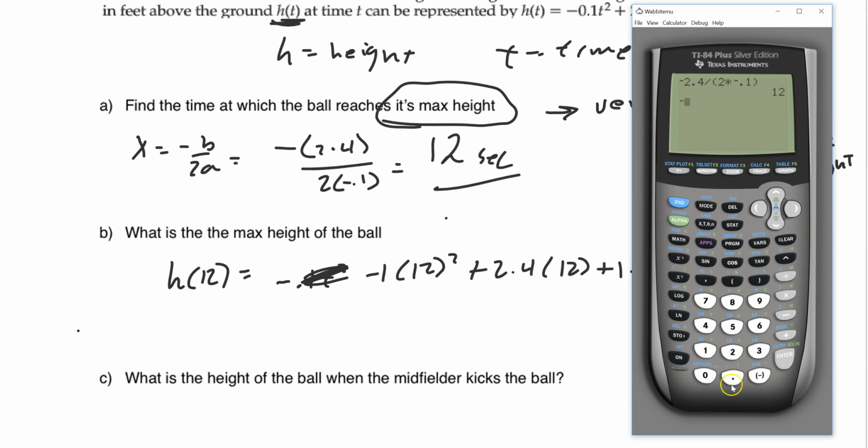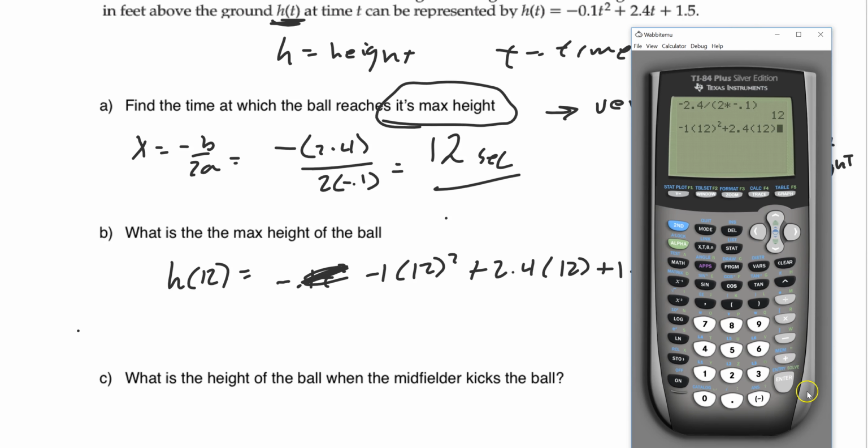So negative 1 times 12 squared plus 2.4 times 12 plus 1.5. Max height is negative 113.7, so that's wrong.